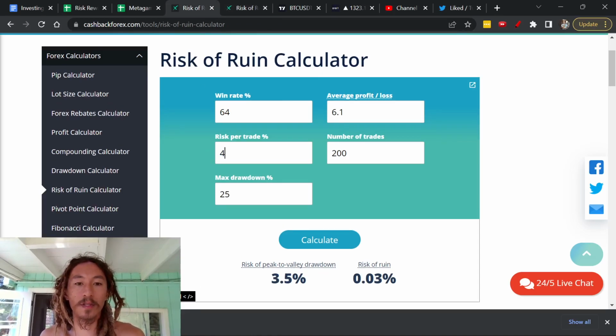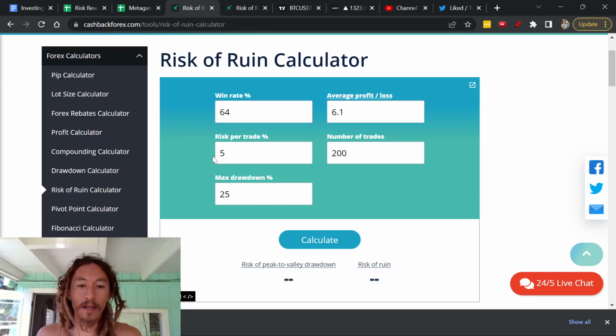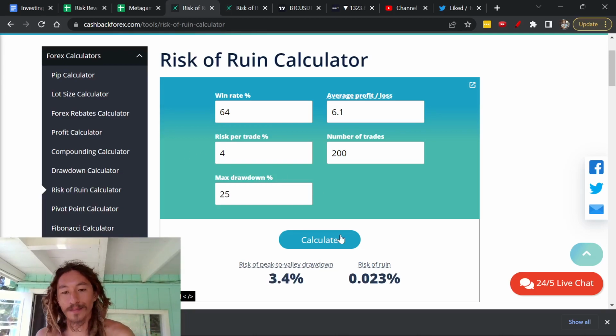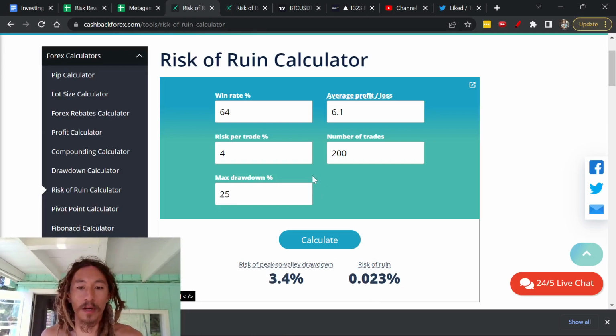Yeah, so I kind of like 4. 5 starts to become a little too much, maybe. 6, it grows too much. Yeah, the jump from 4 to 5 is a lot. Risk of ruin. There's almost no chance I even draw down from the starting point.